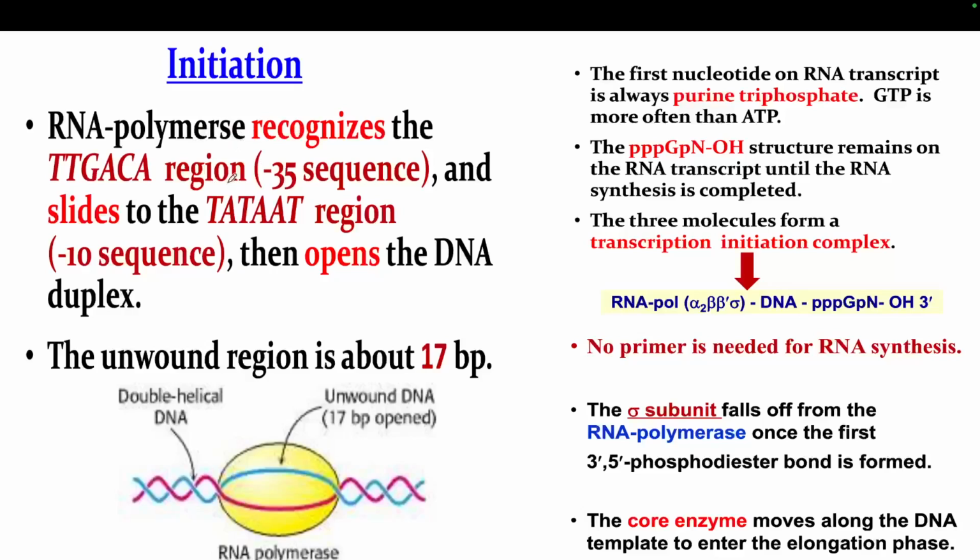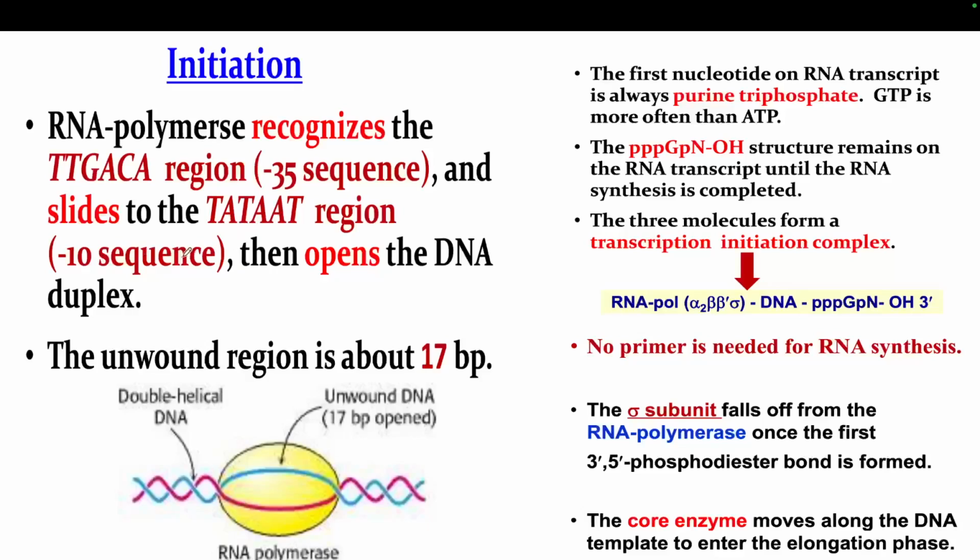The sigma subunit will search for the promoter sequence, which has the TTGACA region. This is the consensus sequence, which is present at the minus 35 position of the promoter sequence. It will also find the TATAAT region, which is also called the minus 10 sequence.